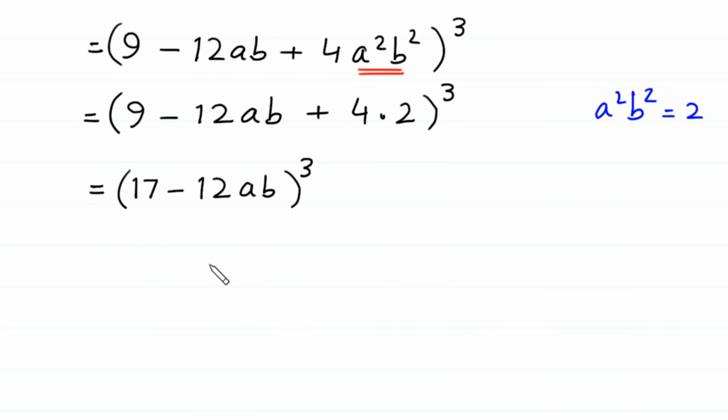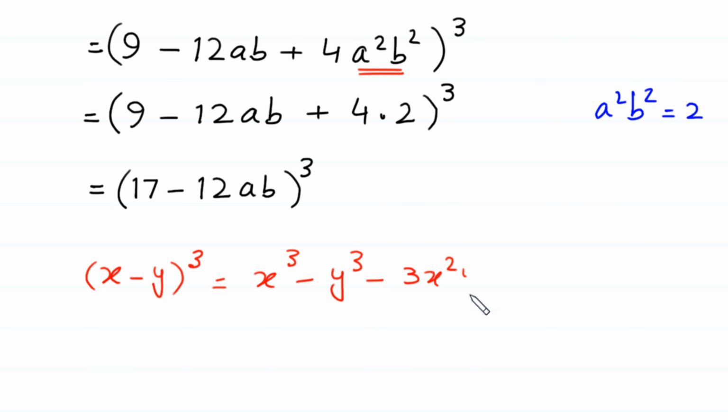Next, we use here an algebraic identity: (x minus y) whole cube is equal to x cube minus y cube minus 3x square y plus 3xy square. Here this 17 is x and this 12ab is y.